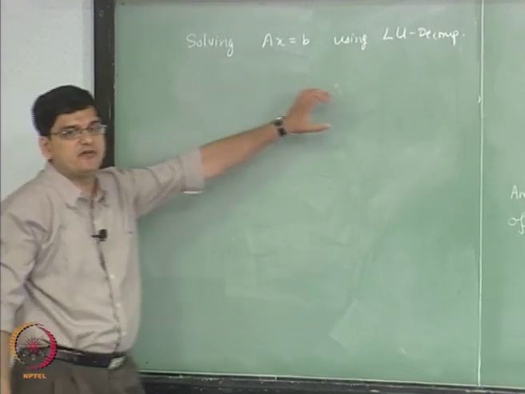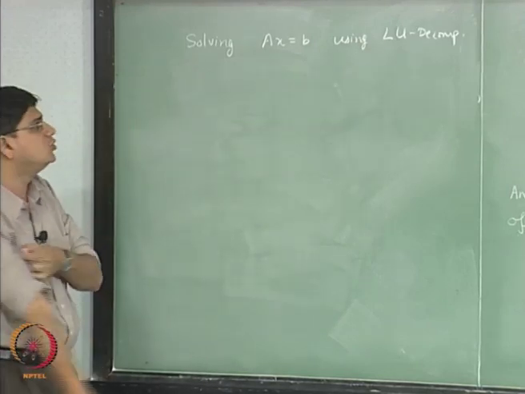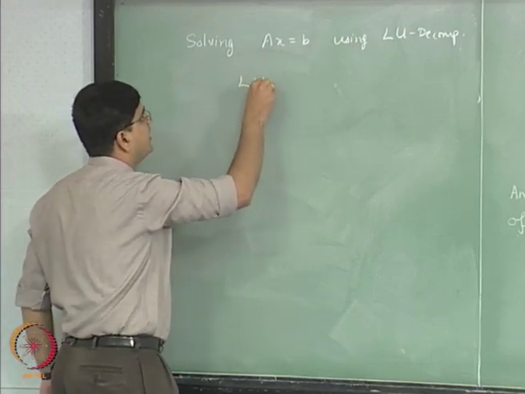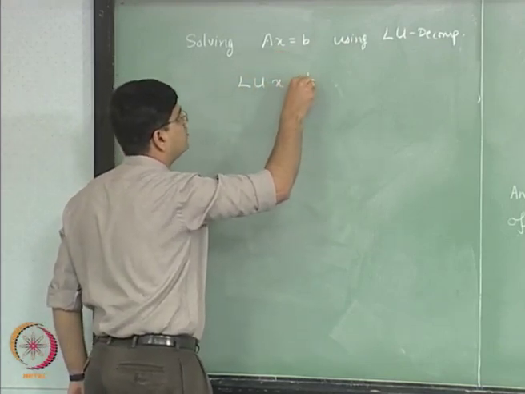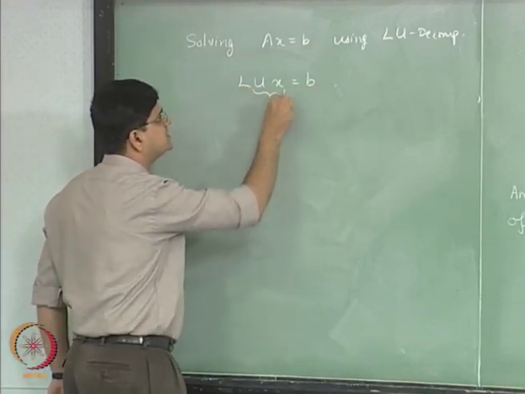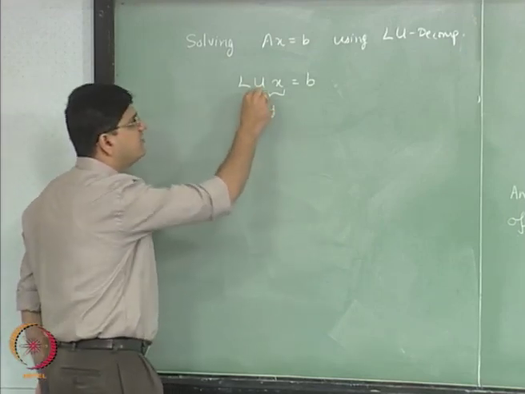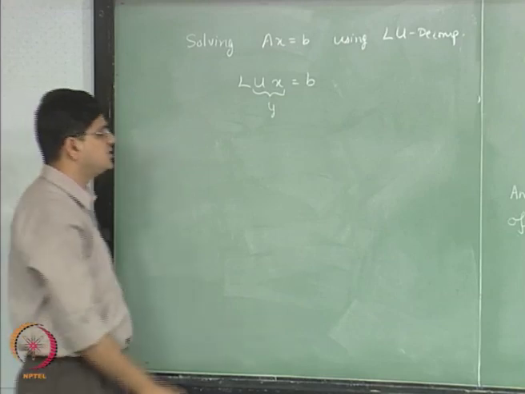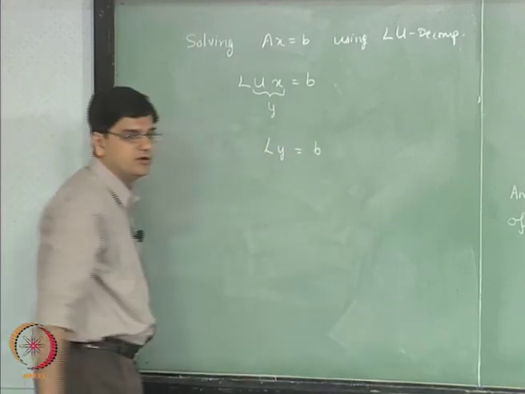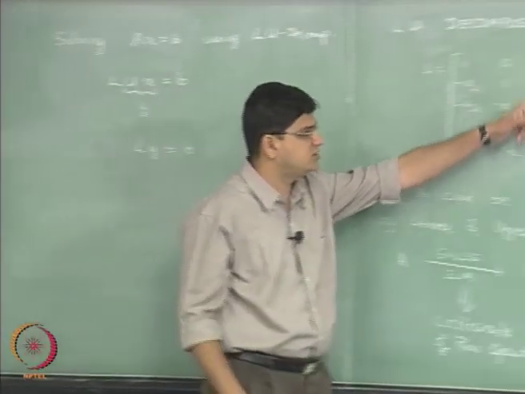So, if we have performed the LU decomposition and obtained the matrix L and the matrix U, we will be able to write this particular equation as LUx equal to B. Okay. Let us write U multiplied by x equal to some other variable, say y. If Ux is equal to y, we can write Ly equal to B.